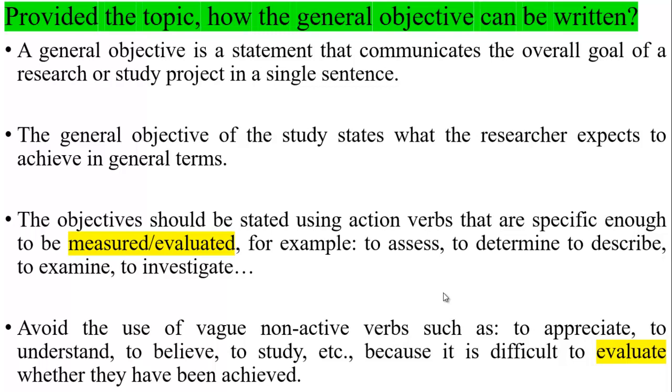Okay, whether they are achieved or not, it is ambiguous to evaluate, to measure. Therefore, while stating general objective or specific objective, what needs to be taken into mind very carefully is that the statements of the objectives should be in action verbs.